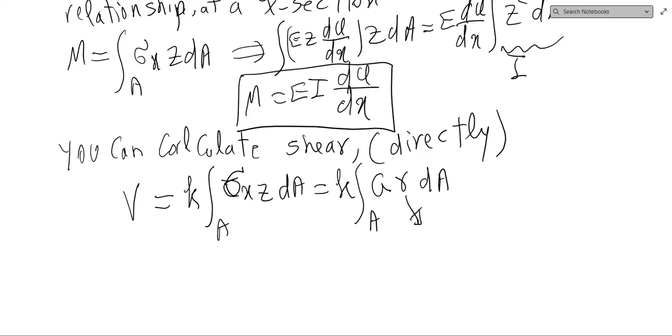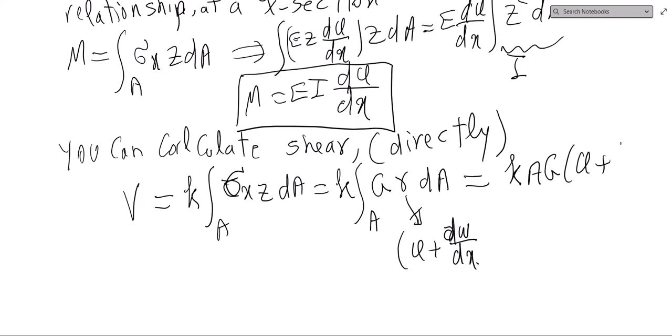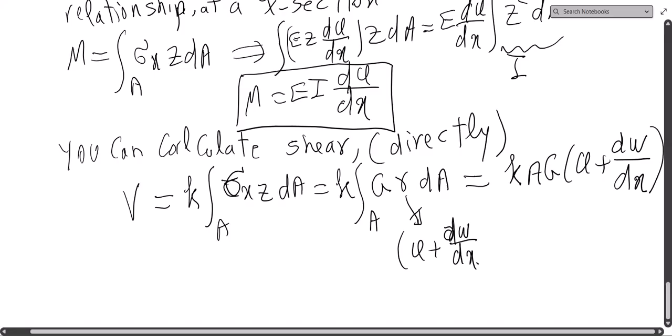Or if I want to write it here, is actually psi plus dw dx. And as a result, after some manipulation, you get the V as K A G times psi plus dw dx.